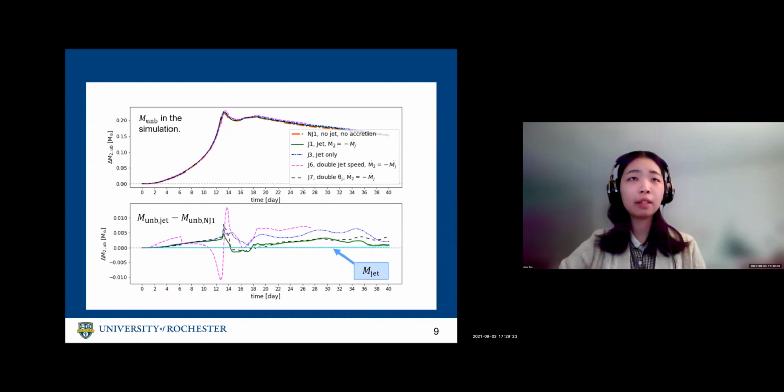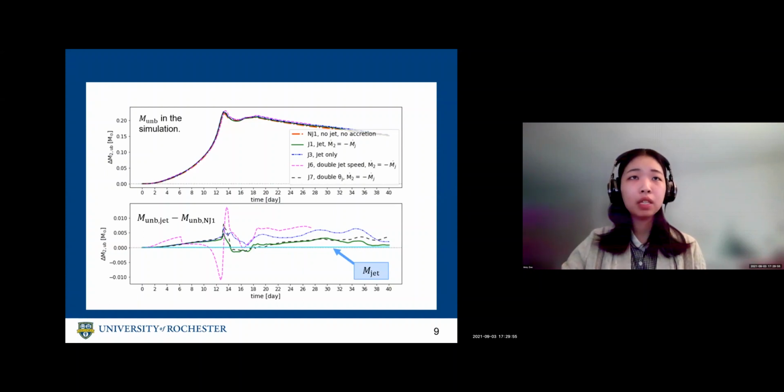We're also looking at the mass unbinding in our model. The top panel shows the unbound mass in the entire simulation domain, and you can see the general trend is that there's not much difference between the jet model and the no jet model.